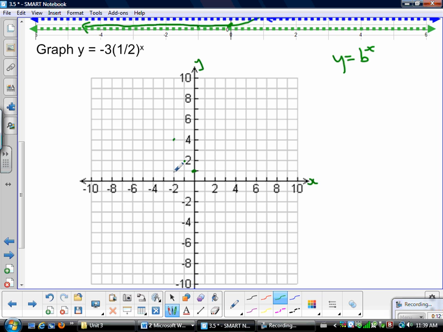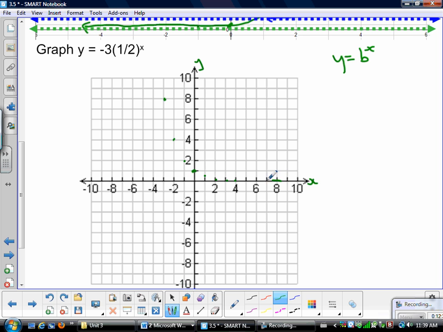Okay, and if you notice, it's easier to do actually backwards. Okay, so I have the left side of my graph. Now the right side, when I have x is 1, 1/2 to 1 is 1/2, and then it's going to go to 1/4, and then it's going to go to 1/8, and it's going to just creep along there.